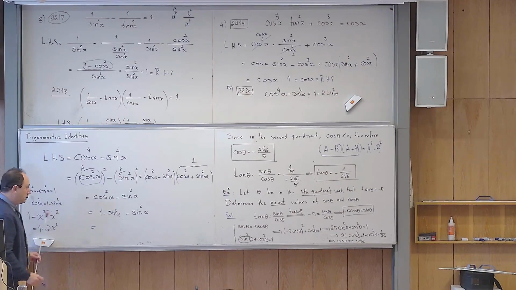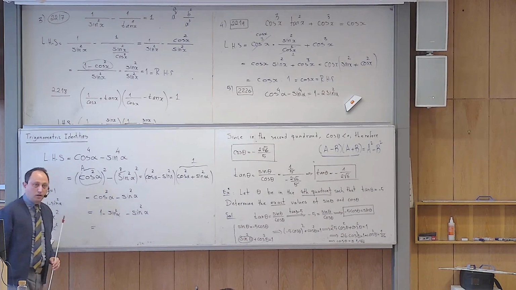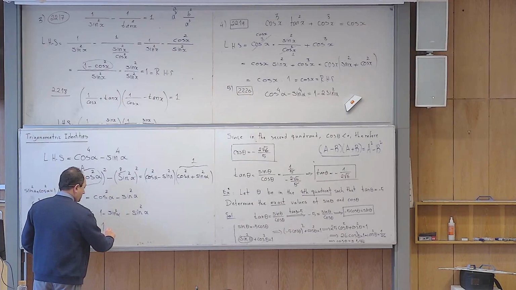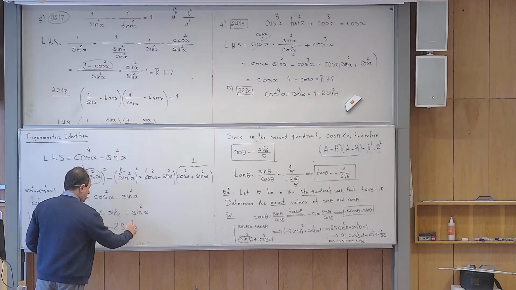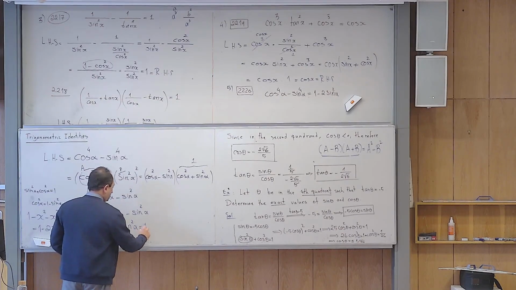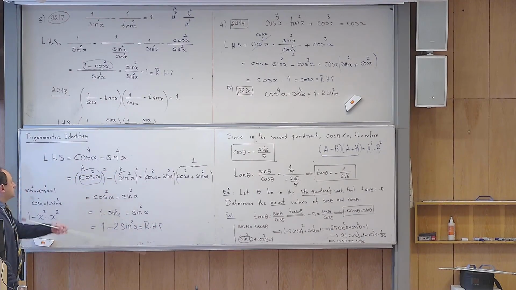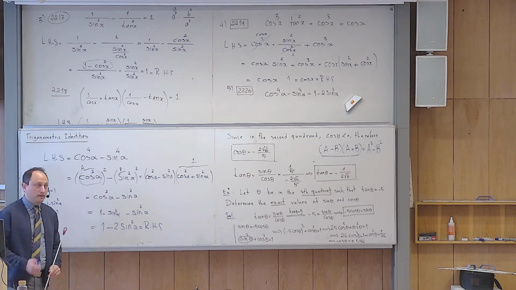That's the same thing, but instead of x squared, you have sine alpha squared. So it becomes 1 minus what? 1 minus 2 sine alpha squared. And this is exactly the right hand side. Yes? So you started from the left hand side and reached the right hand side.